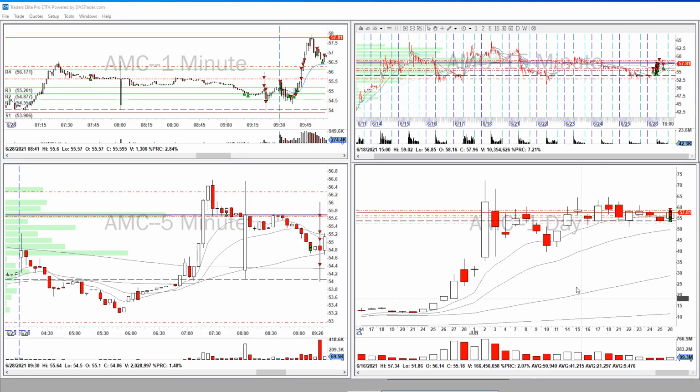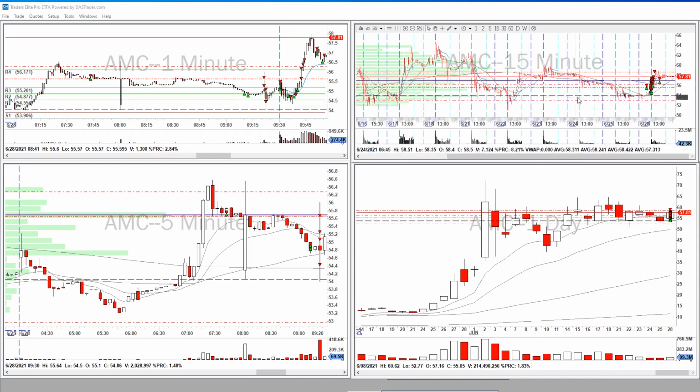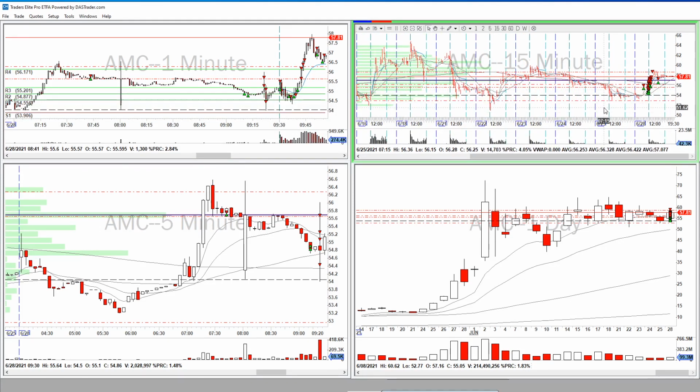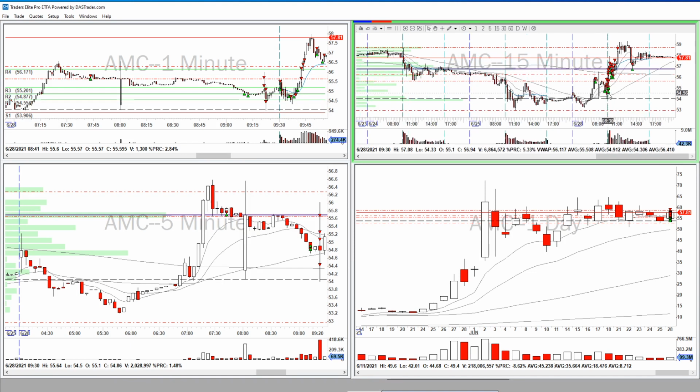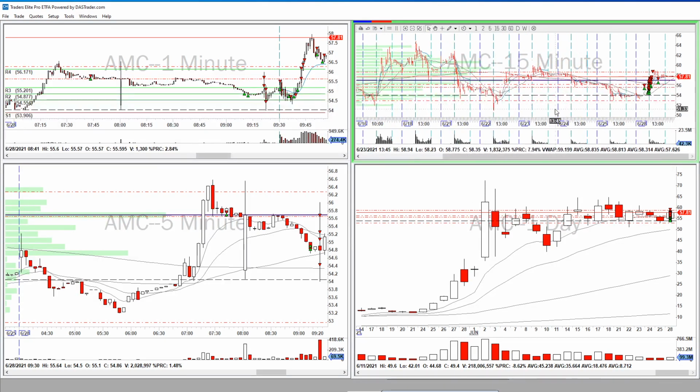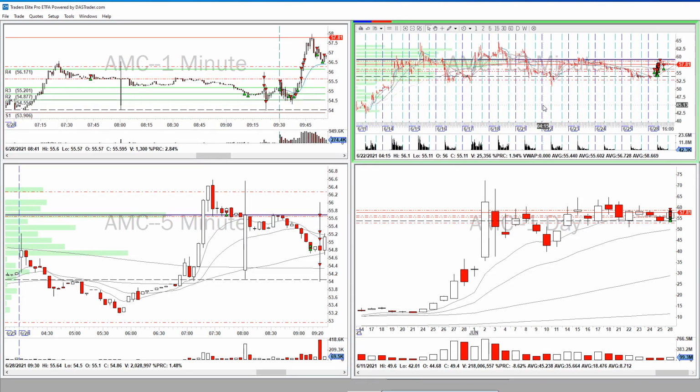So, as we look into some of the trades I took today, we note that AMC has a large point of control that is represented by the entire price range. And this point of control is approximately, I would say, about 59.30.